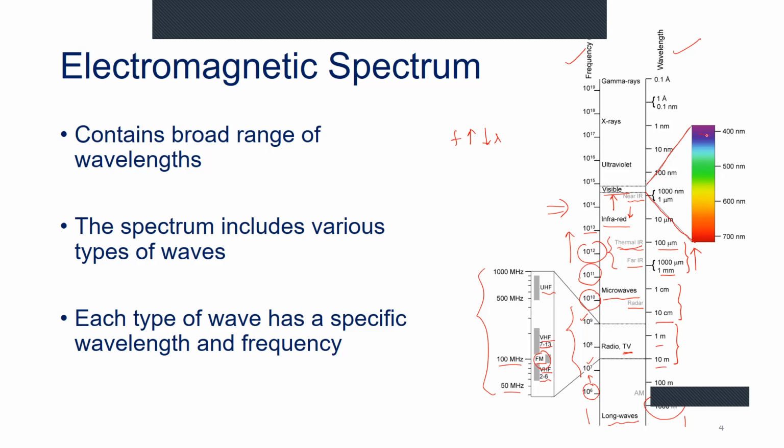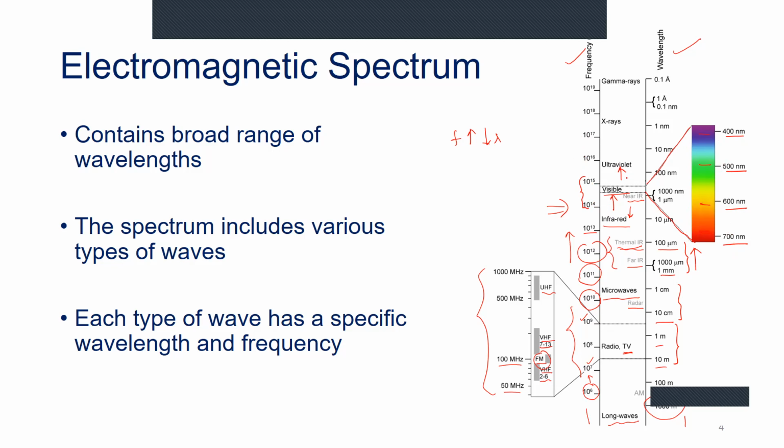You see the blue light has a wavelength of about 400 nanometers, green light about 500 nanometers, up to orange at 600 nanometers, and red at about 700 nanometers. The frequencies would be 10 to the power 15 to 10 to the power 14. So this is the frequency range.